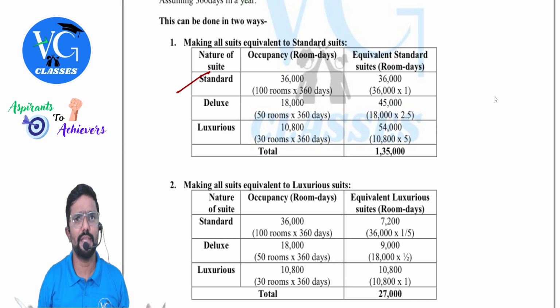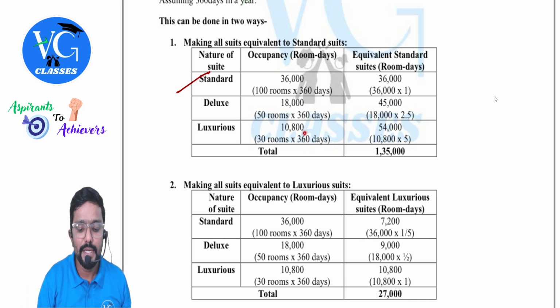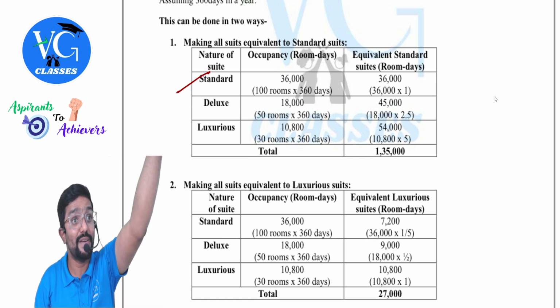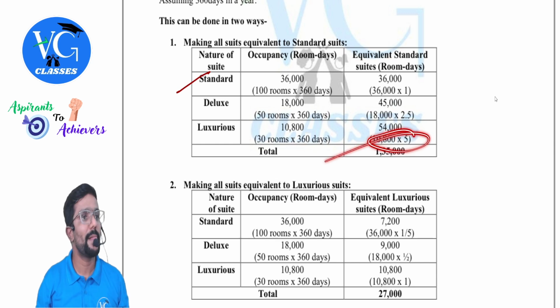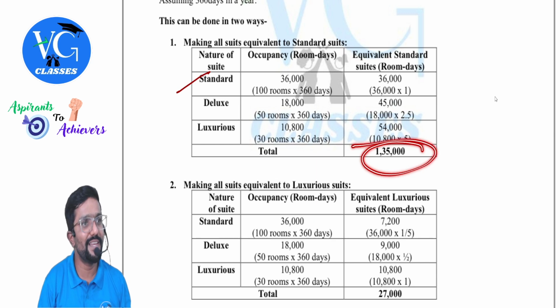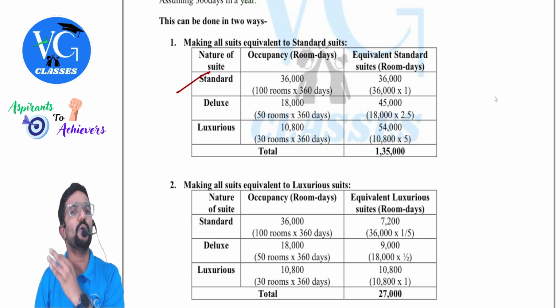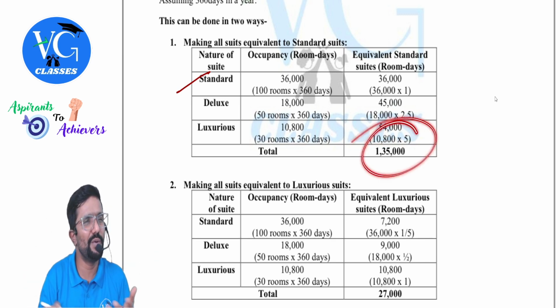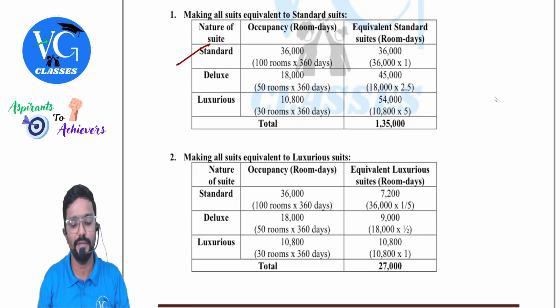Same way, 10,800 luxurious room days is equivalent to 5 times standard, so into 5. How much do you get? 54,000 standard room days. Now, if I just divide my total cost by this, we will get the cost per equivalent standard room day. I will explain why we are doing all this calculation also.